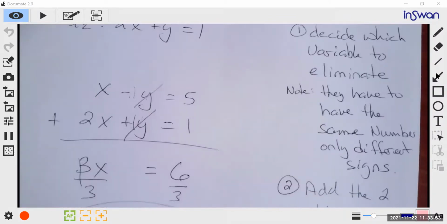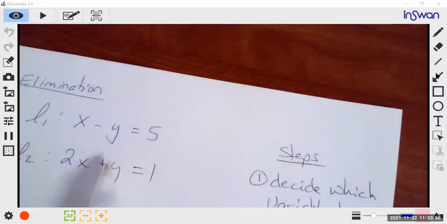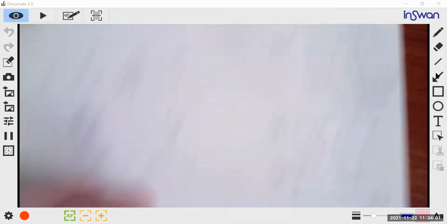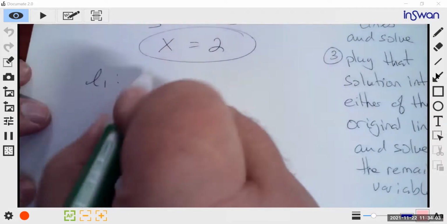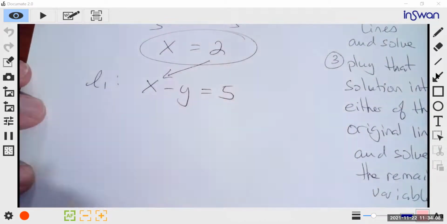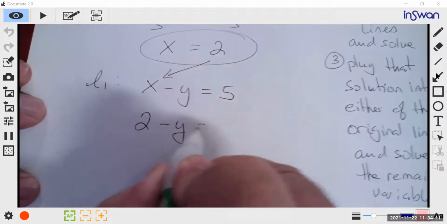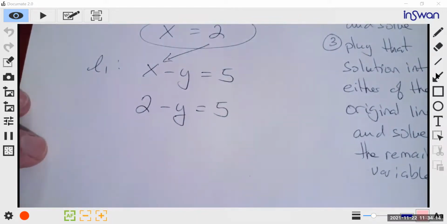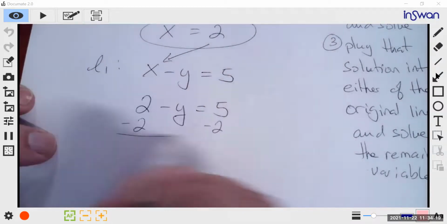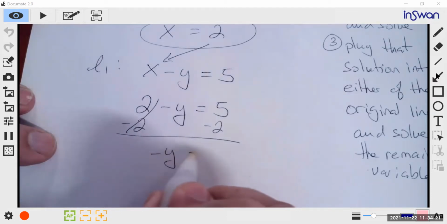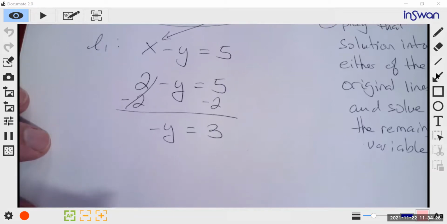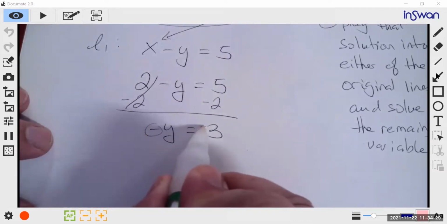Now we can take this x equals 2 and go to either one of these two equations. The easier one, I always pick the easier one. So the first one. So I chose line 1. Anywhere I see an x, I put a 2. And solve for y. Subtract 2 first. Change the signs.